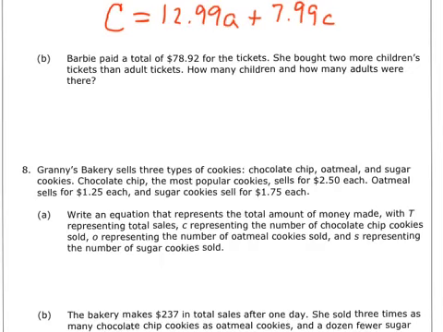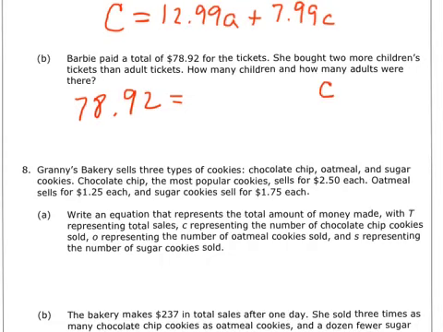Part B, Barbie paid a total of $78.92, so that's going to be in there for the capital C, $78.92. She bought 2 more children's tickets than adult tickets.